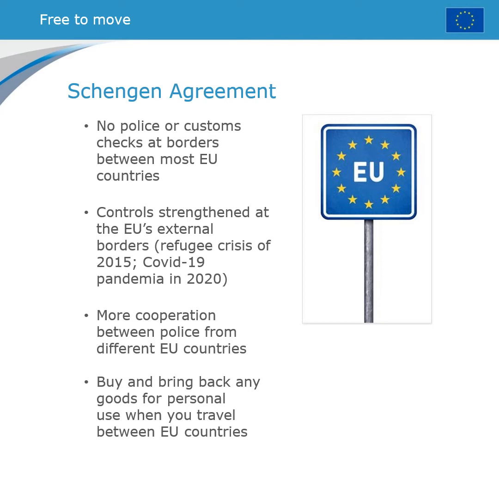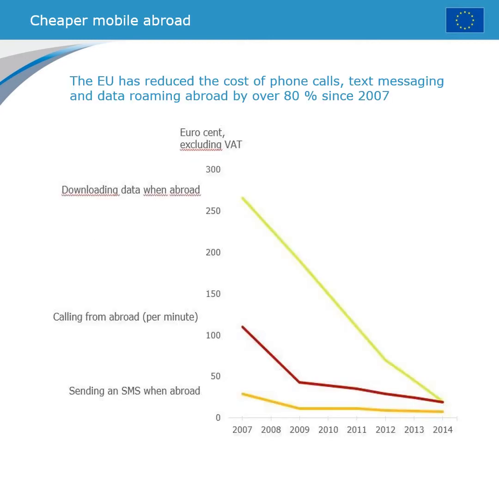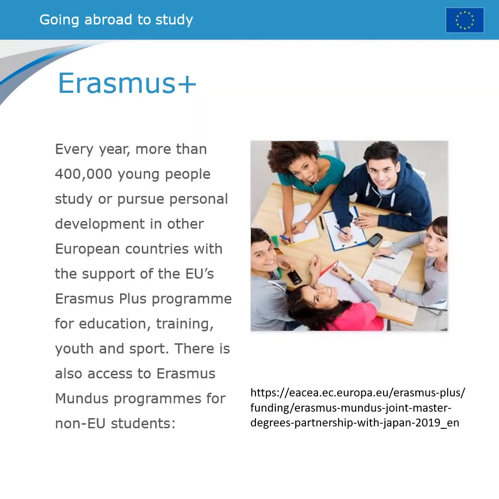Also, they need to be protected in these COVID-19 Corona pandemic times. Right. Let's move to an example, this is just an example about mobile telephone use abroad. Since 2007, EU policy has brought down the cost by 80%. You don't need to follow this in much detail.